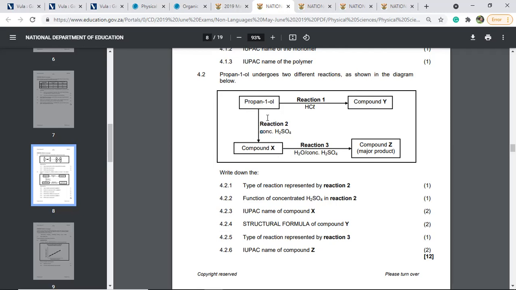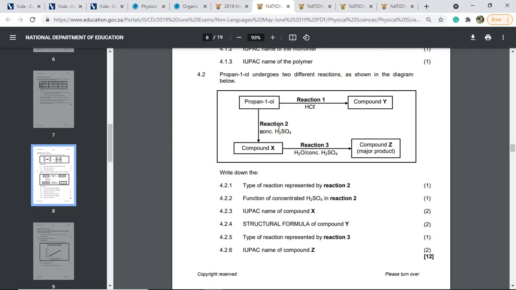A dehydration reaction is a reaction where one of the products is water. What happens is that an alcohol combines with a type of acid to give us water and some compound X. And then 4.2.2 asks us, what is the function of the concentrated sulfuric acid in reaction 2?